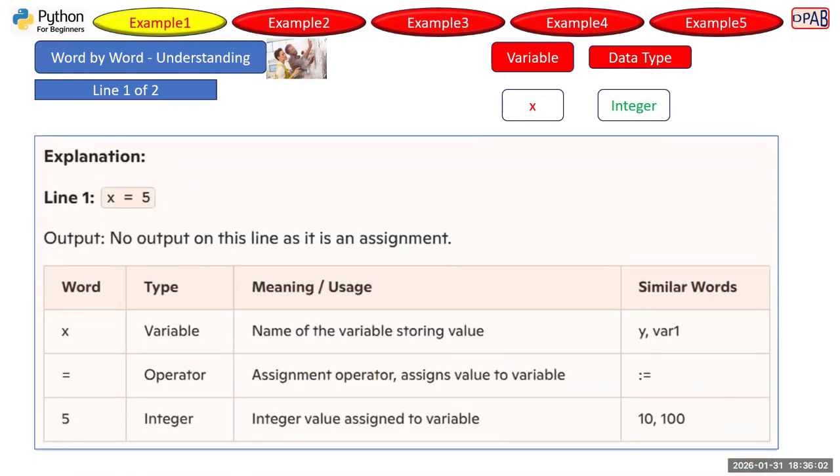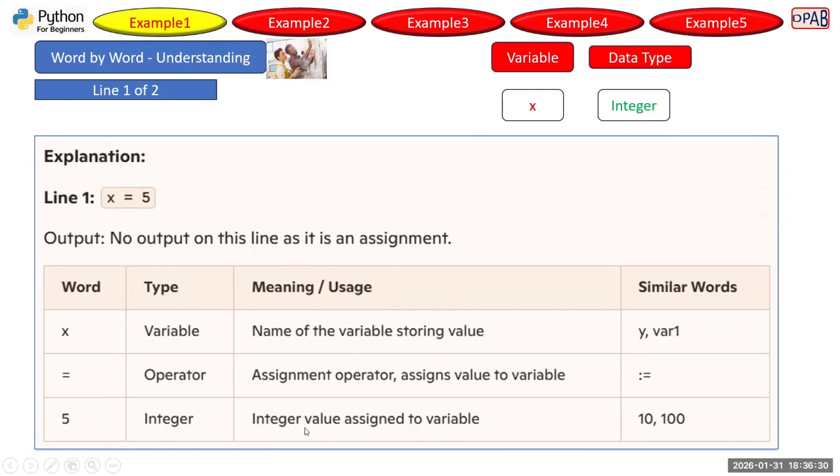Now x is equal to 5. There is a line by line explanation. What are the words in this? First word is x, second word is equal to, third word is 5. And what are the types according to Python? x is a variable, equal to is an operator, 5 is an integer. The meaning: name of the variable storing the value. The assignment operator assigns the value to the variable.